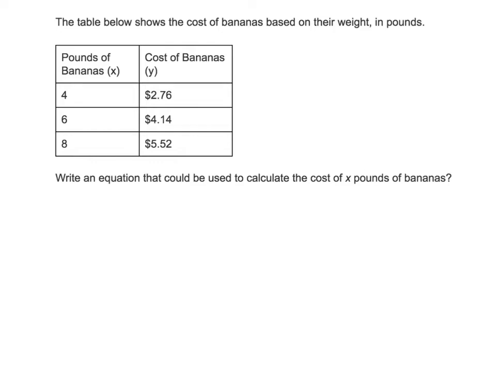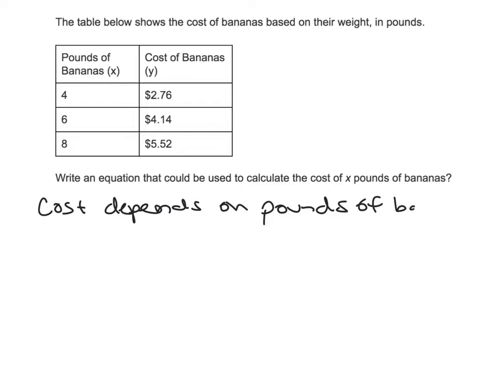So the first thing we want to make note of is that the cost is going to depend on the pounds of bananas. And so in a situation like this where we have two different variables, X and Y, then we have an independent variable and a dependent variable.